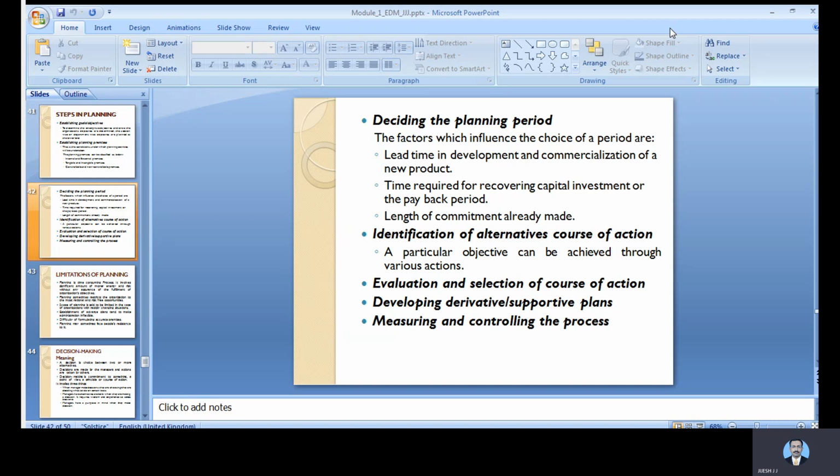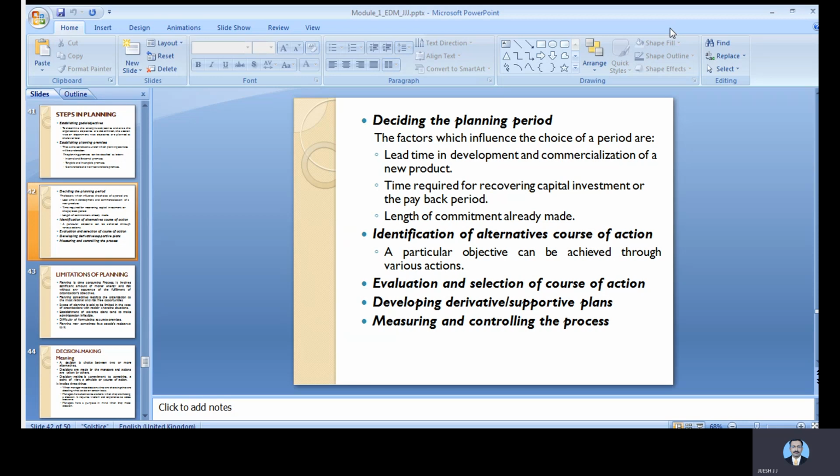Further on, moving with the steps, we have to decide the planning period, that is the amount of time which is required to establish one particular task. How much time duration is required for that, and what are the factors influencing the choice of the period, and what leads to the development and commercialization of the new product, how the products can be brought into the market, and how best the product gets sold in the market, what are the problems we are going to face, and how to overcome those things.